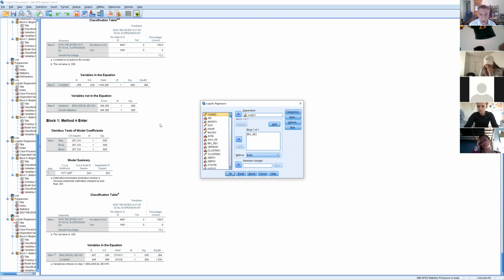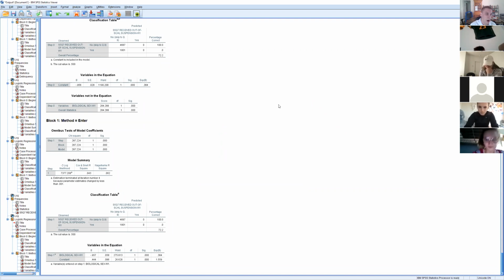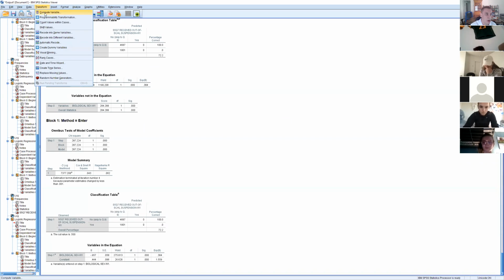Let me make that delinquency scale just so people are aware of what we're doing here. We're making the delinquency scale as an independent variable. I already have it made, but I'll show people one more time what we're doing to make it. It's the sum of the items H1DS1 through 15.